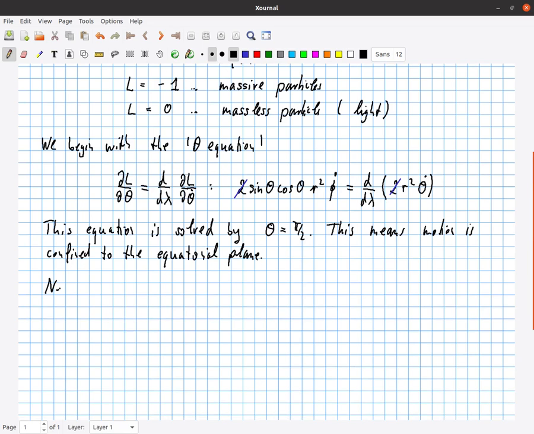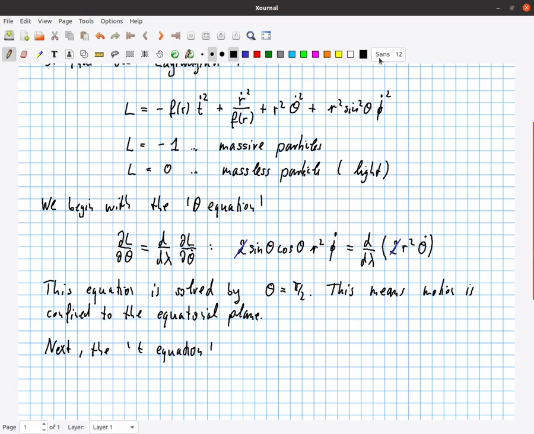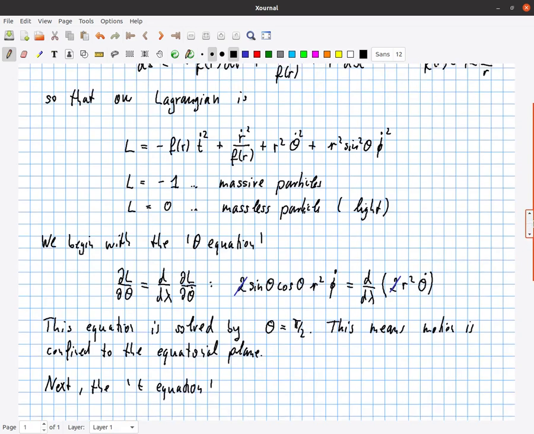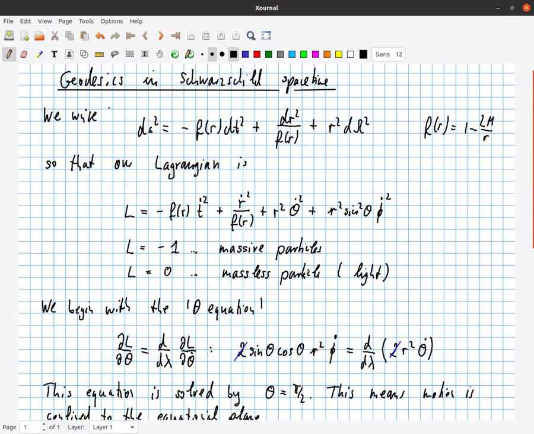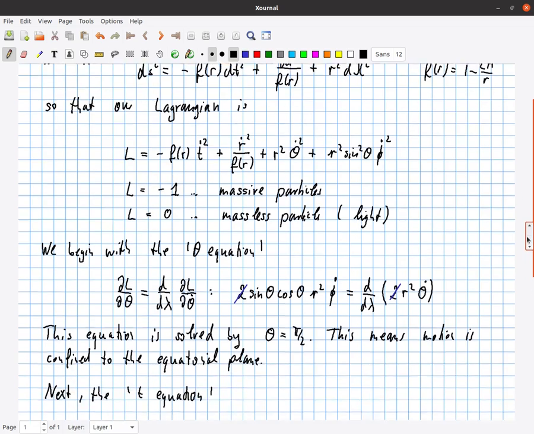Next, we look at the T equation. Note that the Schwarzschild solution is a static solution to the Einstein field equations. Recall we showed that every spherically symmetric vacuum solution is automatically static. There's no time dependence here anywhere.